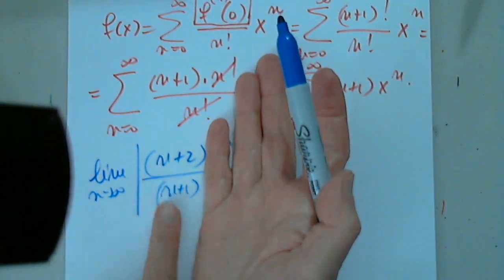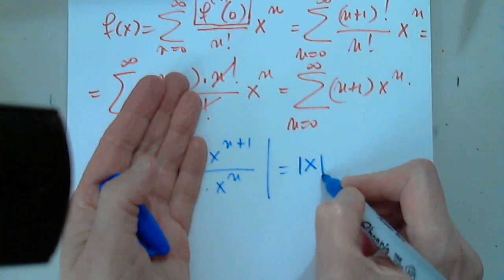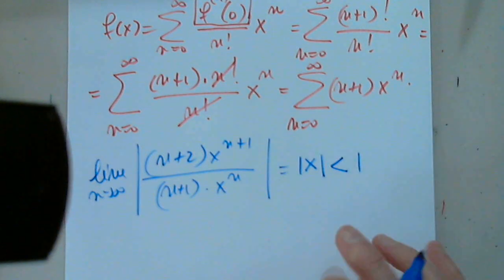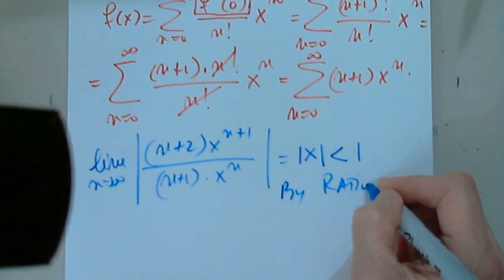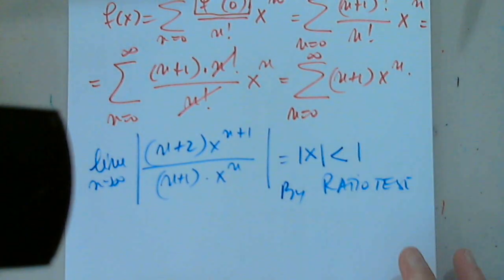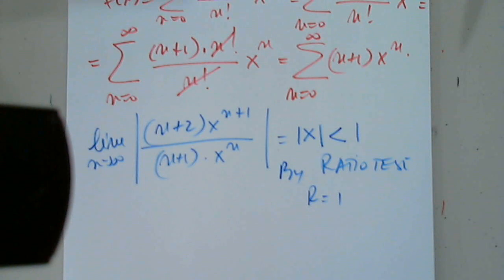This limit approaches 1. Let's see what we have left here, and that's basically the absolute value of x, which has to be less than 1 by the ratio test for the series to converge. So then the radius of convergence is 1.